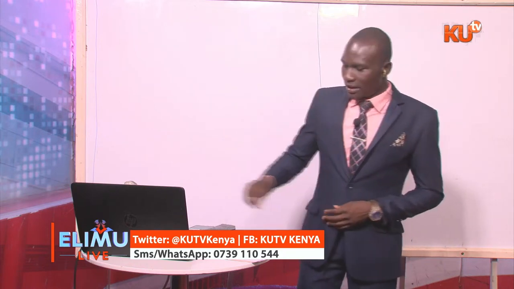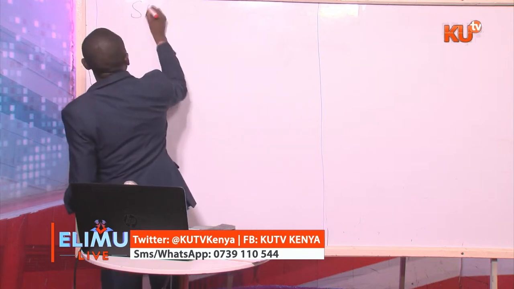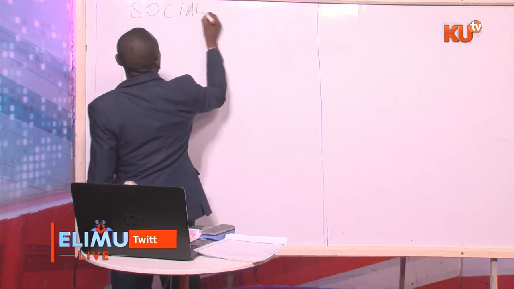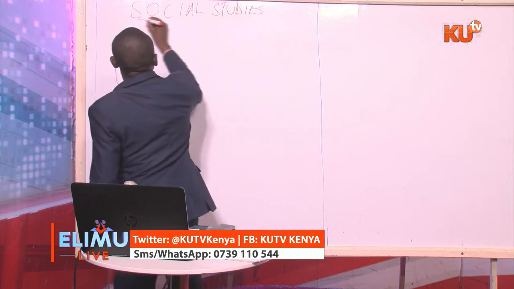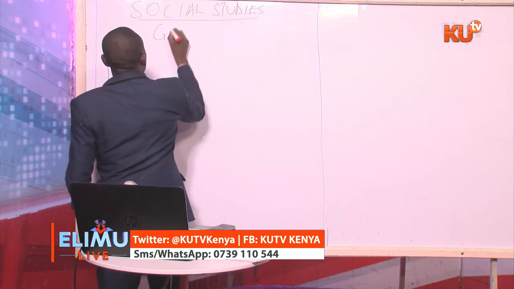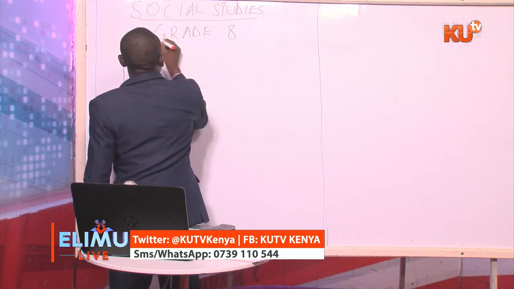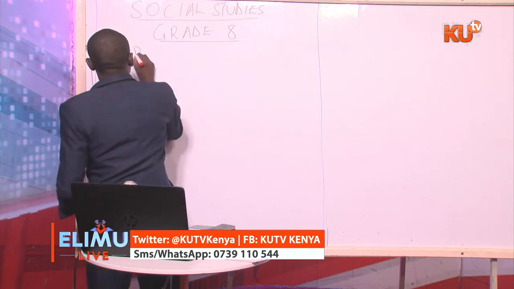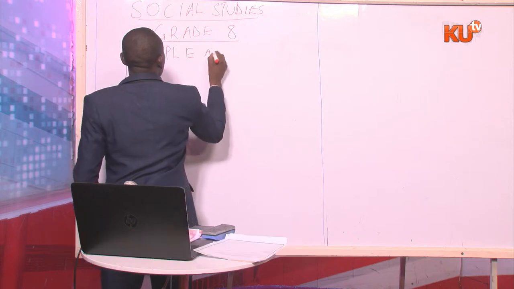So we are going to handle social studies, the first strand in grade 8, that is people and population. Social studies for grade 8, and in today's lesson we are going to look at the first strand, people and population.